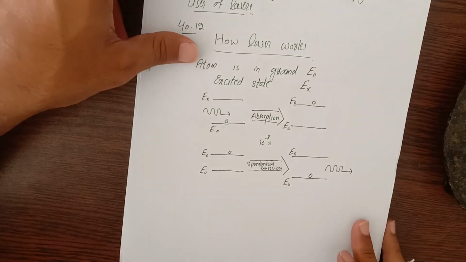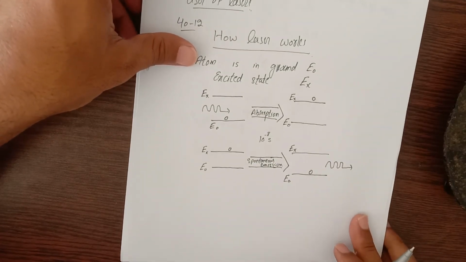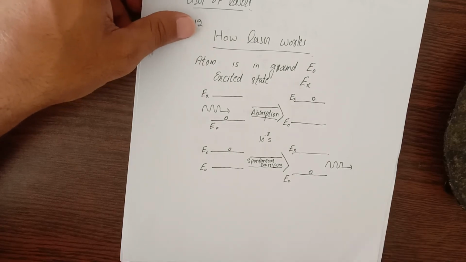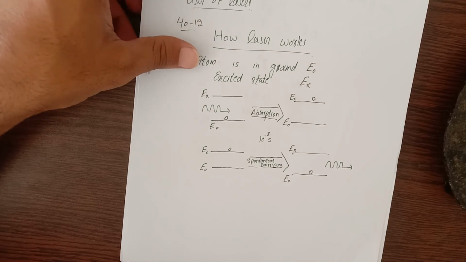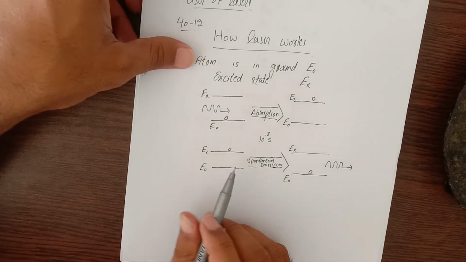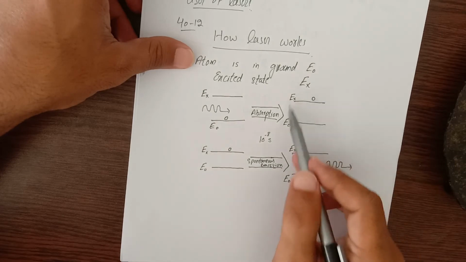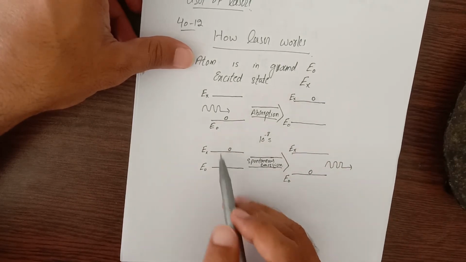This is the normal procedure. However, in case of laser, since laser means light amplification by stimulated emission of radiation, what we do with this electron when it is in the excited state is different.